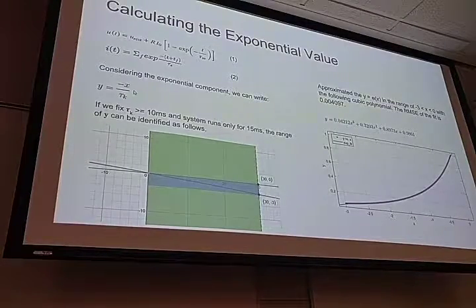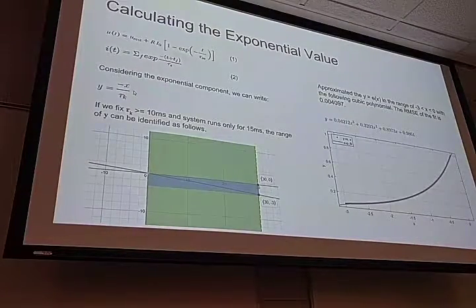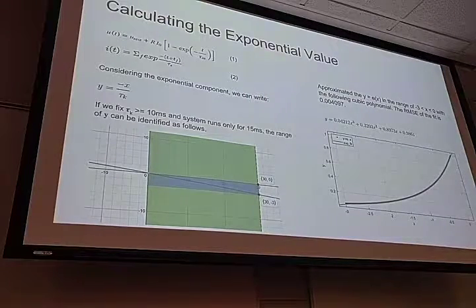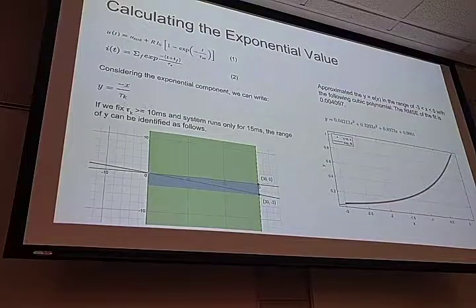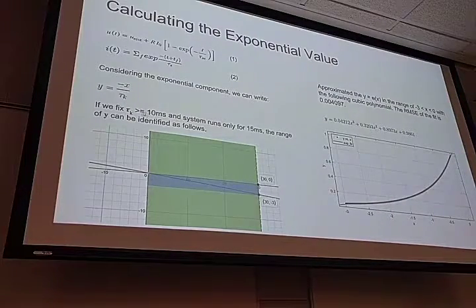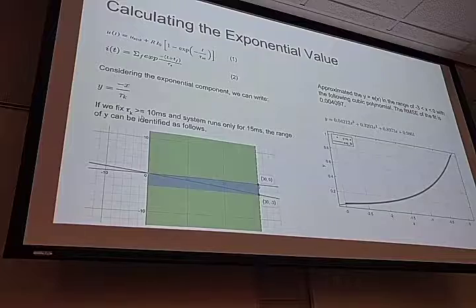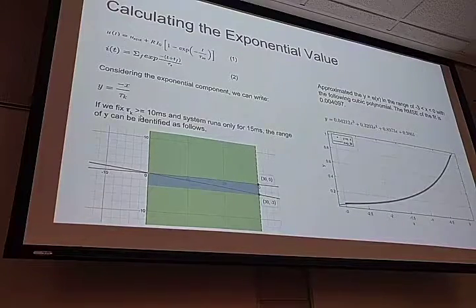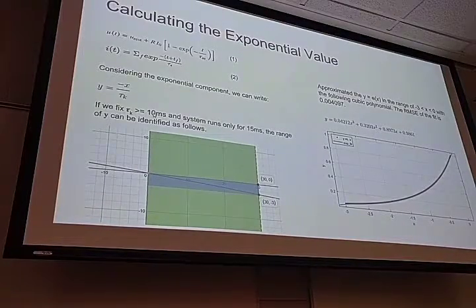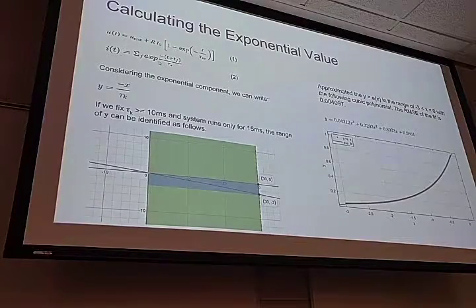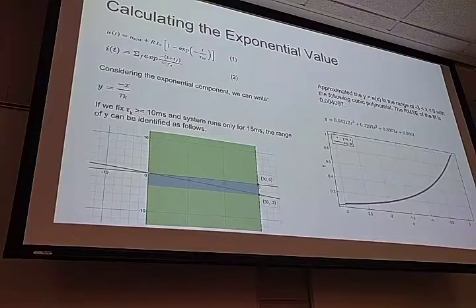So what we did was, since our system only runs for 10 milliseconds and then 15 milliseconds, and this time constant, that is either the synaptic time constant or the membrane time constant, in general lies between 10 milliseconds and 15 milliseconds in a biological background. So what we thought was, if we can fix those two values, then we can find the range where we are required to find the exponential function.